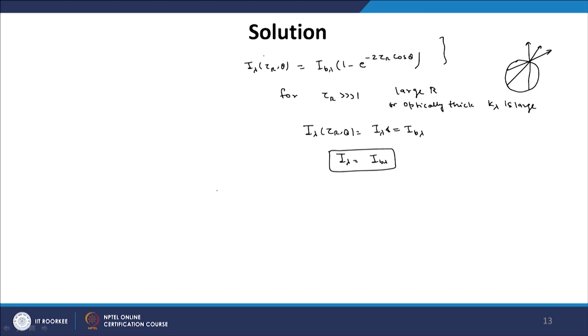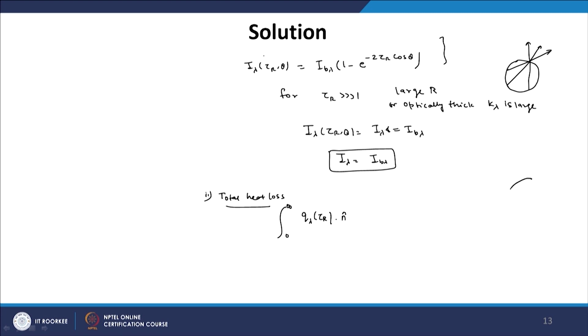Now, the second part of the problem, the total heat loss. Total heat loss is basically the total amount of heat flux over the surface at any point. So, total heat loss is equal to the integral from 0 to infinity of q lambda at any point, dotted with the normal vector.